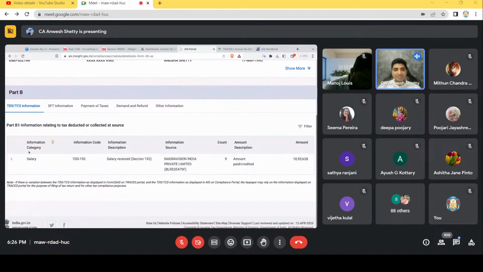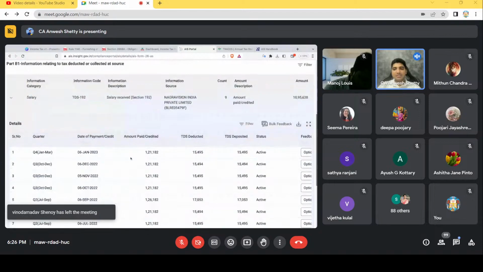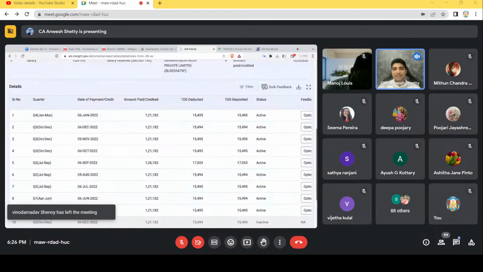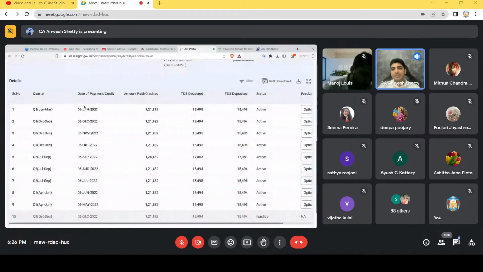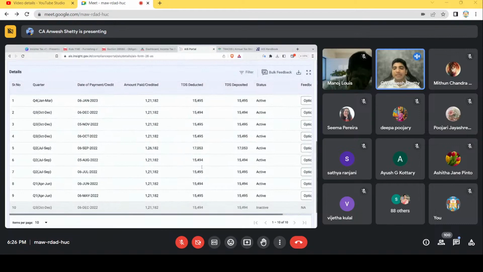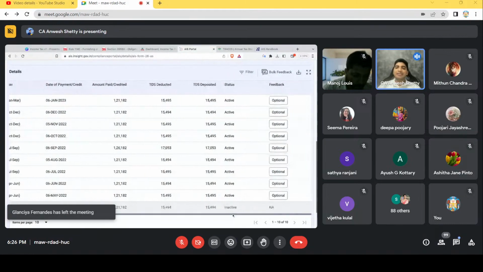If I click on that, it will say this is your month-wise salary: for the month of January 23, the salary was around 1,21,000, then December, November. Now sometimes it may so happen that you don't agree with certain things.